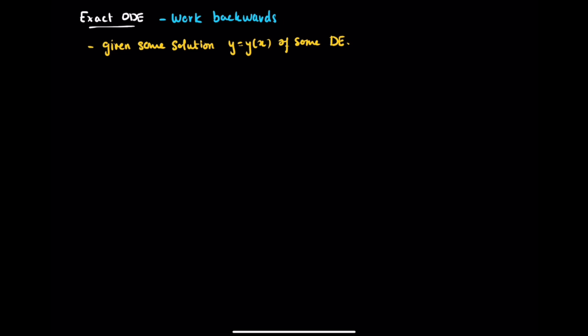The goal is to construct a differential equation where the solution is y. So as you can see now, we're going to try and work backwards, right? And so this is going to bring its own unique challenges.